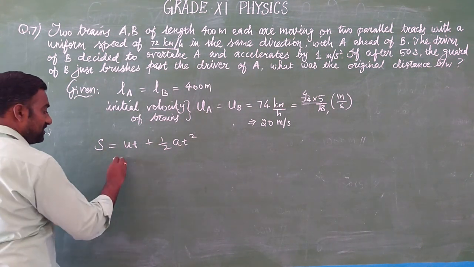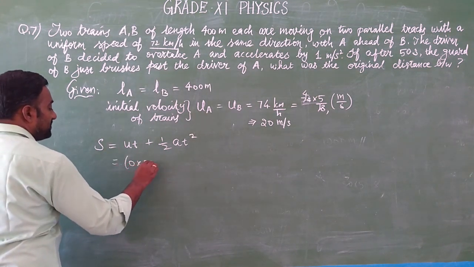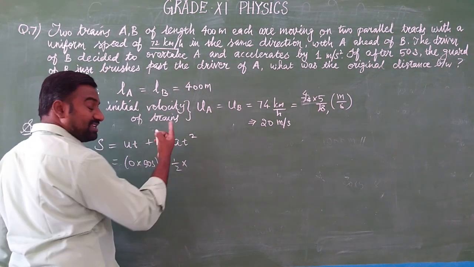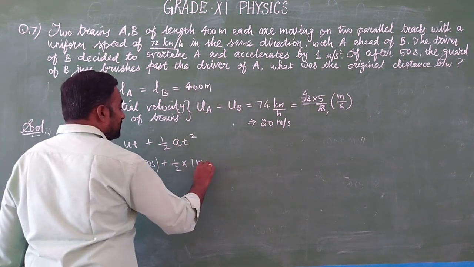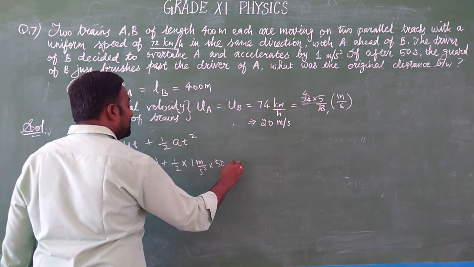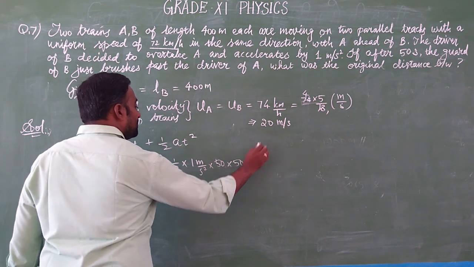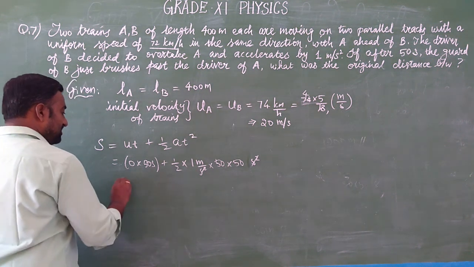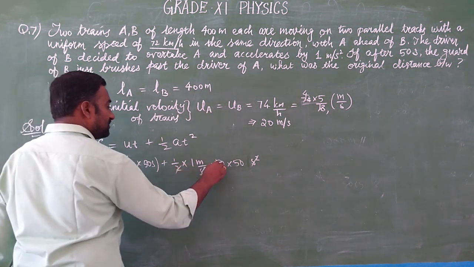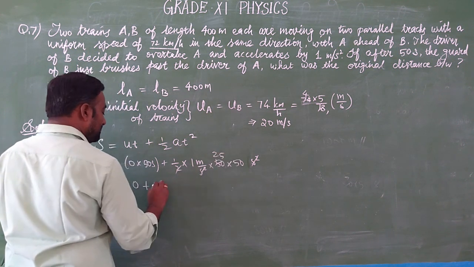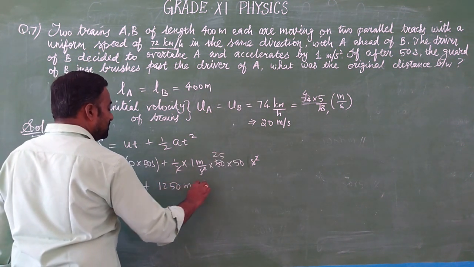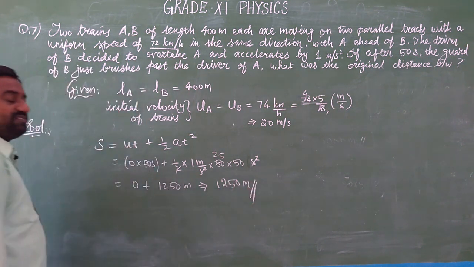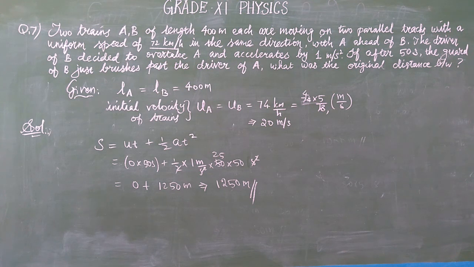Assuming the initial velocity is 0, so 0 into 50 seconds plus half into the acceleration 1 meter per second square, and 50 into 50 second square. So second square cancels, and this is 0 plus 25 into 50. What is it? 1250 meter. So 1250 meter is the original distance between the two trains. This is the alternative method.